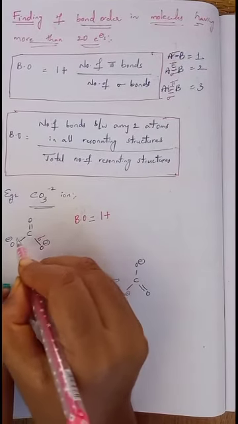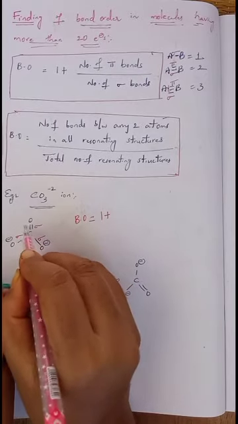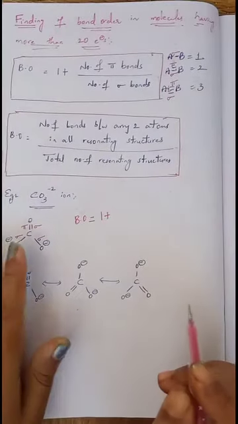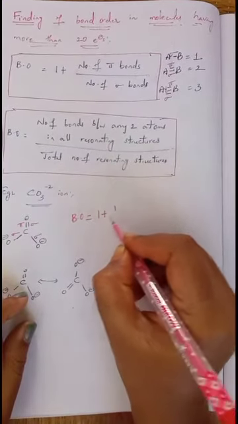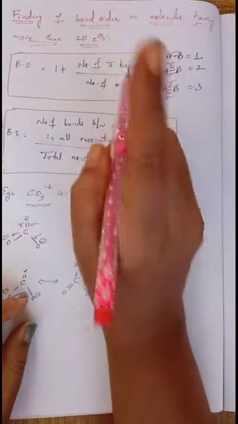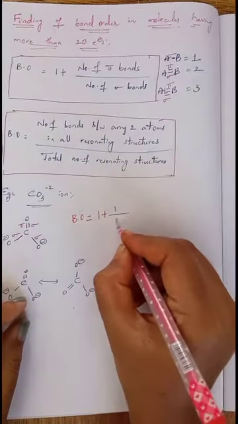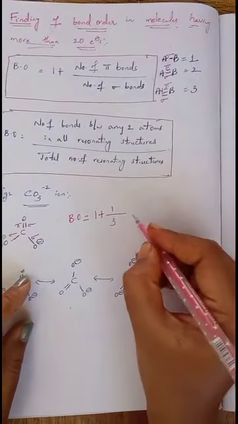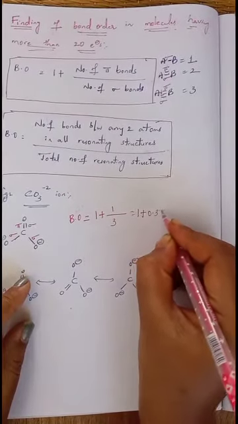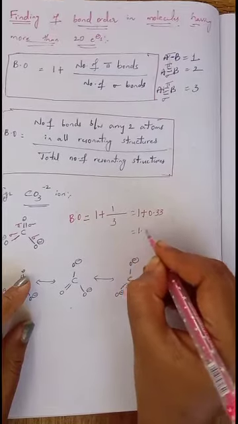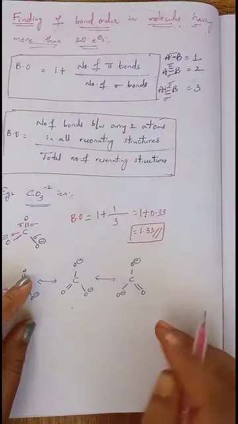Here also a single bond is there, that is sigma. Here a double bond is there, one is sigma, the other is pi. The total number of pi bonds here is 1. So 1 plus 1 divided by the number of sigma bonds. How many are there? 1, 2, 3. So 1 plus 1 by 3, the value is 0.33, and finally it is 1.33. The bond order is 1.33.